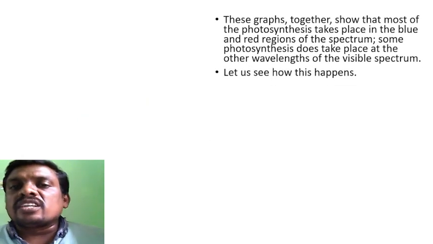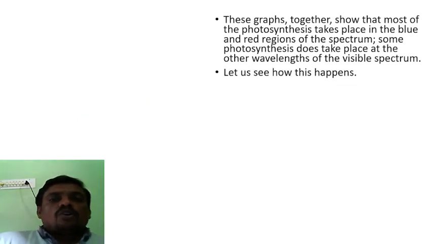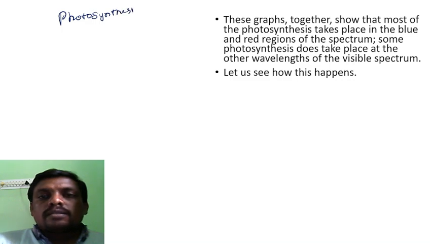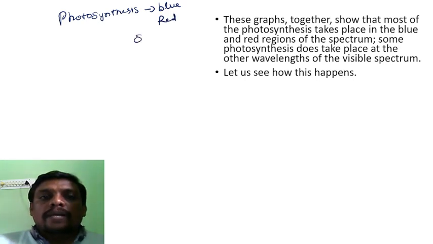These graphs together show that most of the photosynthesis in plants takes place in the blue and red regions of the spectrum. Some photosynthesis does take place at the other wavelengths of the visible spectrum.